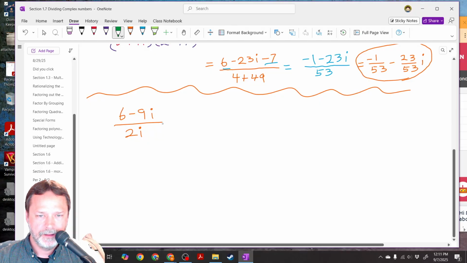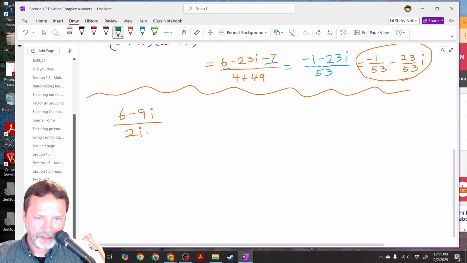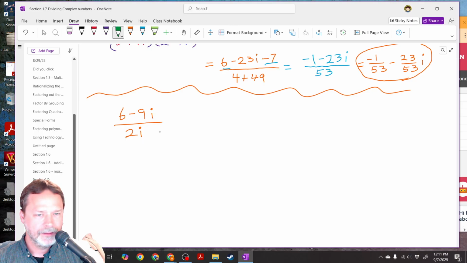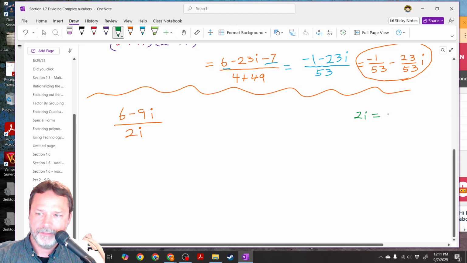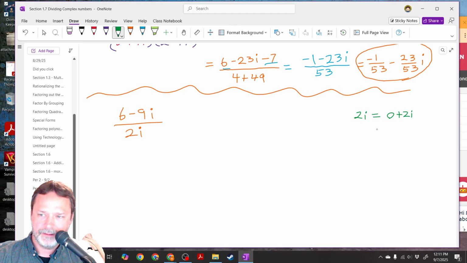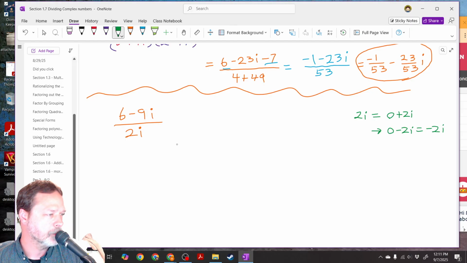So how do we get this to go away? You could say, well, 2i is really the same as 0 plus 2i. So the conjugate would be 0 minus 2i, which is just negative 2i. You could multiply top and bottom by negative 2i. It's going to work. So you could still do the conjugate.